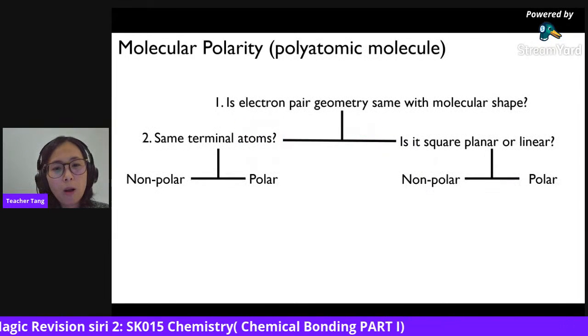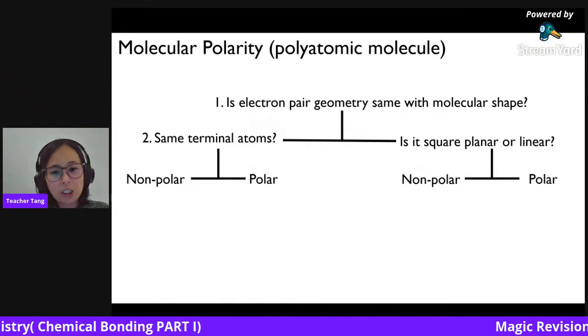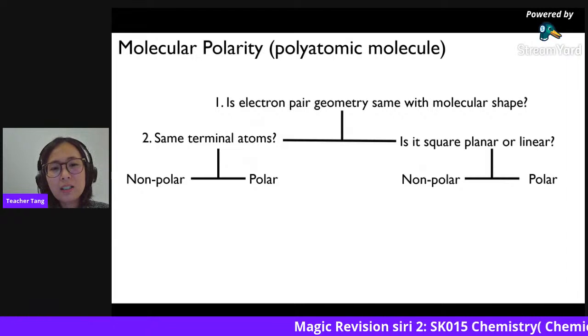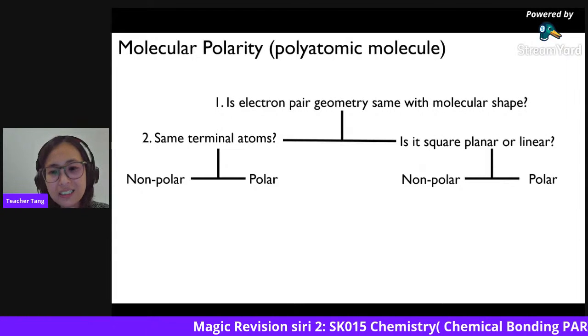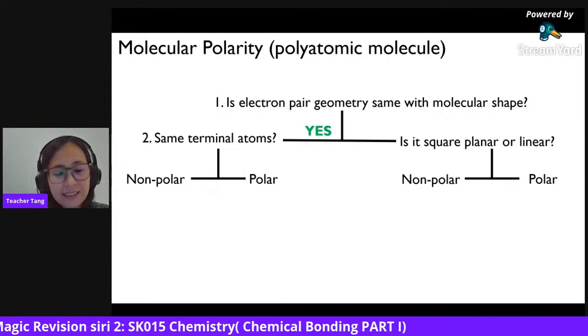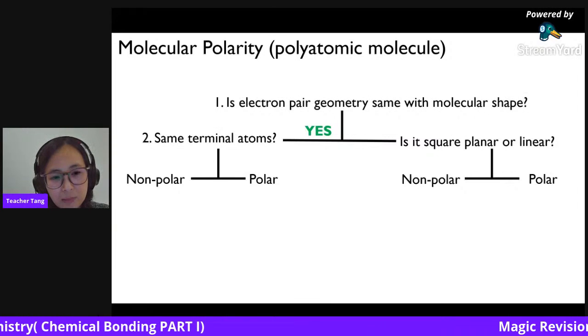For a polyatomic molecule, you need to ask yourself two questions. The first question is whether the electron pair geometry is the same as the molecular shape. If yes, then you ask yourself the second question. Are the terminal atoms the same?